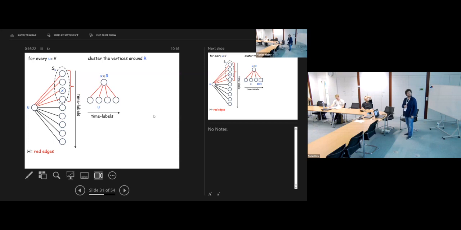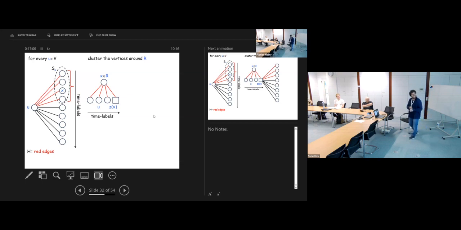Essentially, for each element X in the hitting set, we build a cluster of vertices with X as the center of the cluster, and we put in this cluster all the vertices U such that X hits the corresponding S sub U. Okay, so this is a cluster with center X. Look at all the vertices in the cluster, order them with respect to time labels, and look at the rightmost vertex in the cluster, which we call a special vertex Z. Okay, this will be the special vertex of this cluster.